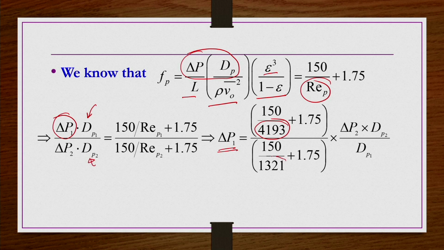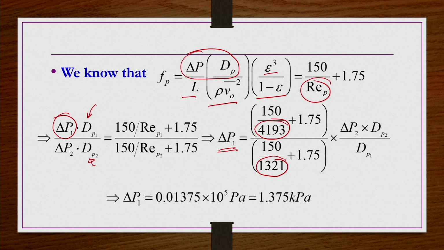Previous problem Rep is 1321, this problem Rep is 4193. Then we substitute dP2, whatever the 4.97 kilopascal of the previous problem, and when you do the calculation, it is going to be 1.375 kilopascal. Okay.